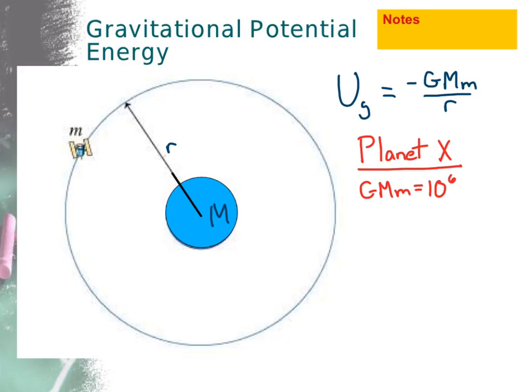Let's say that just by pure luck or coincidence, when you multiply G, our universal gravitational constant, 6.67 times 10 to the negative 11, by the mass of the planet and by the mass of the satellite, it's some weird coincidence of nature that those three things multiplied together equal 10 to the sixth power.